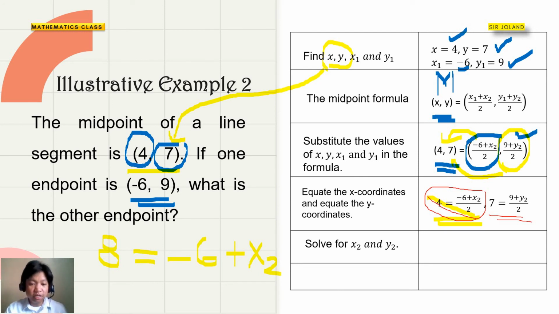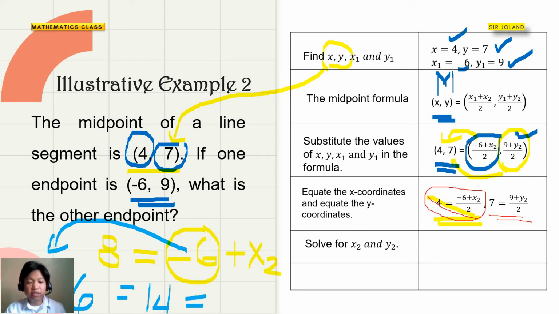Mas madali na i-transpose nyo lang itong negative 6 or you just get the additive inverse of negative 6 para mapunta dito. That is a positive 6. And then you just add. And then you have here 8 plus 6, that is 14, equals your x sub 2. Okay. Therefore, your x sub 2 is equal to 14.